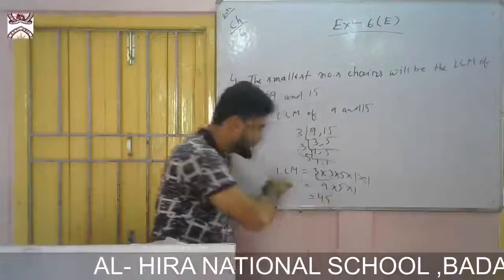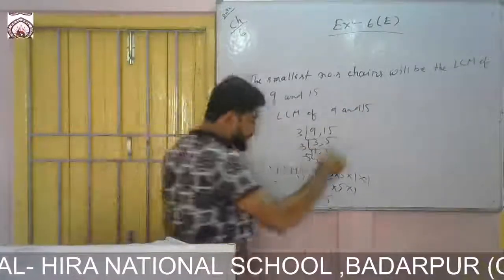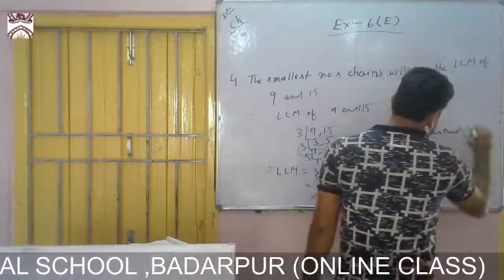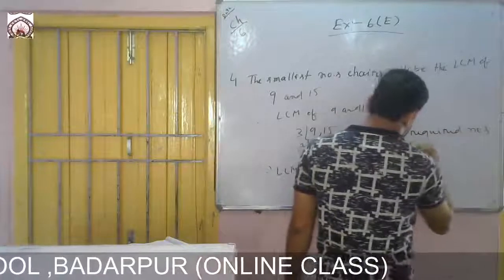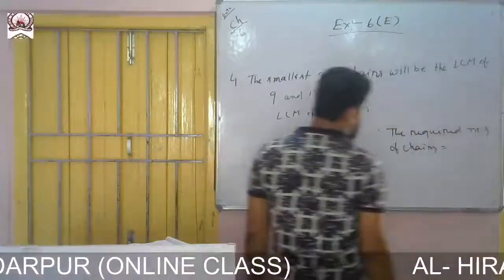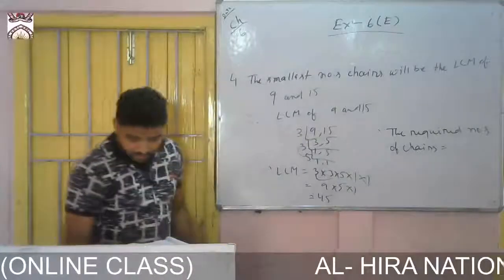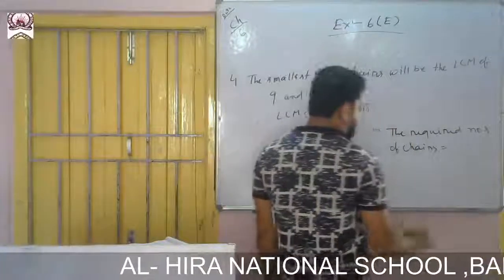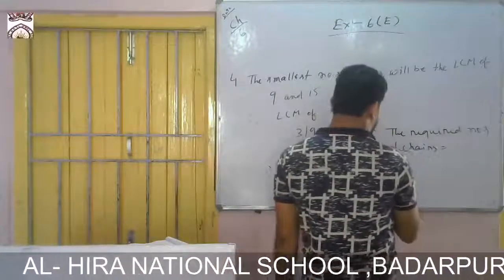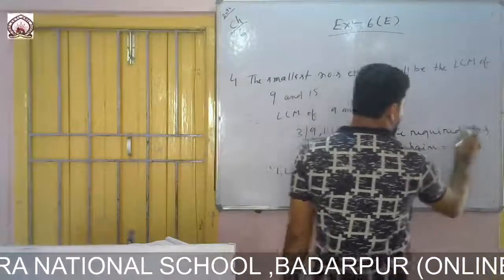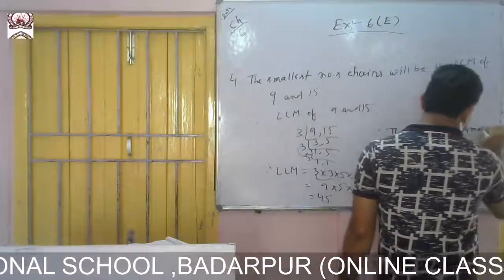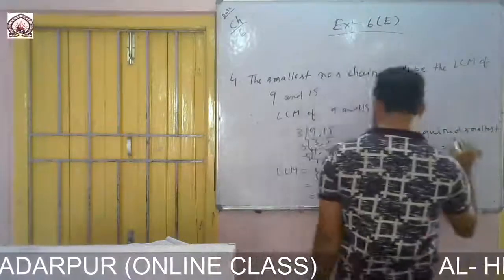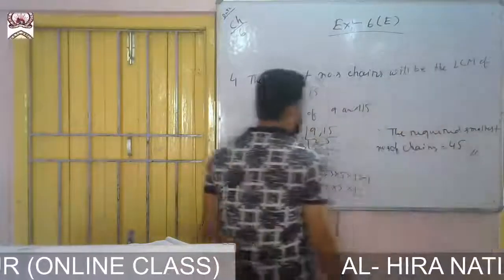Therefore the required smallest number of chairs will be 45. Okay.